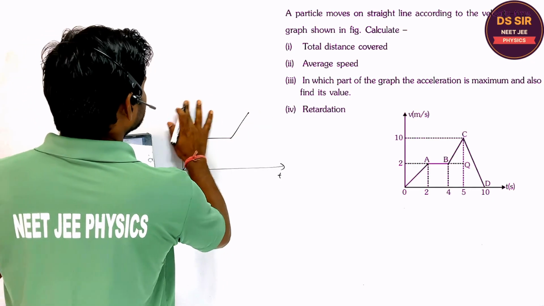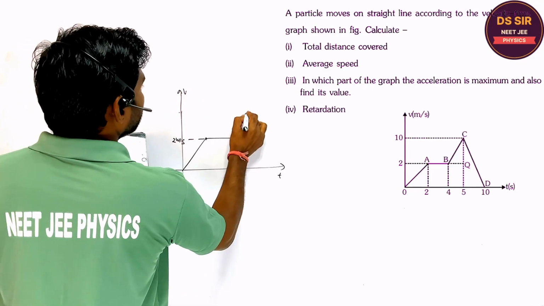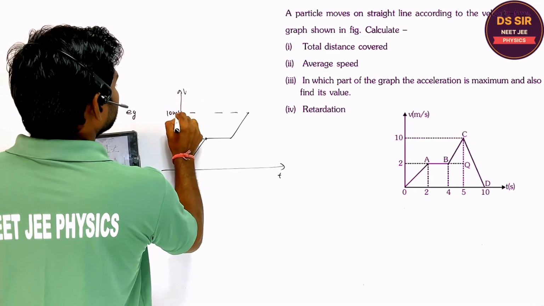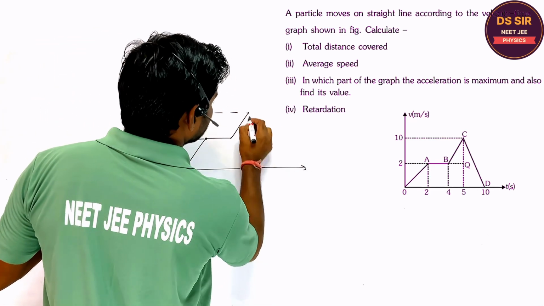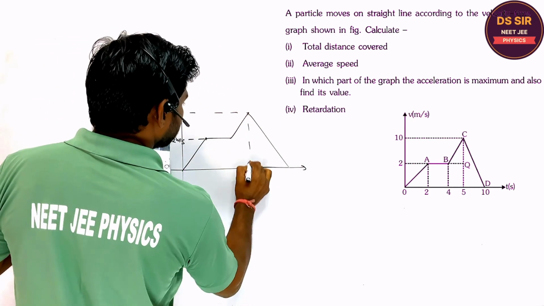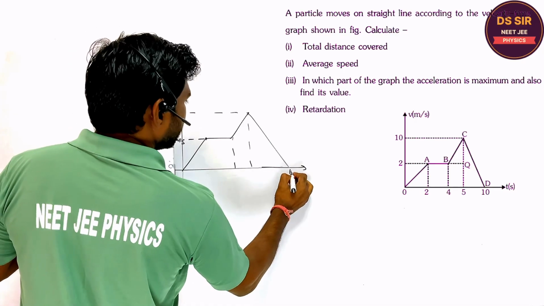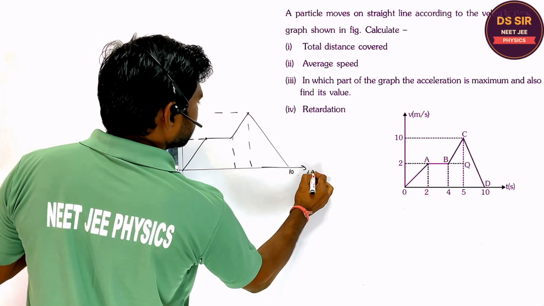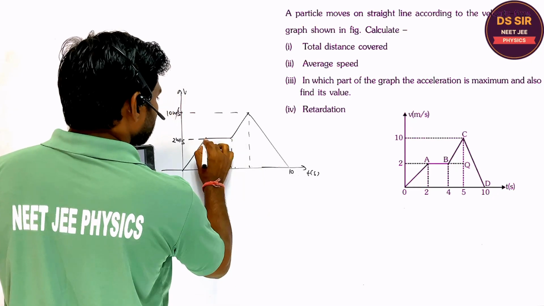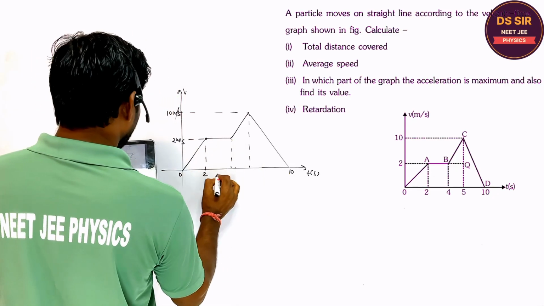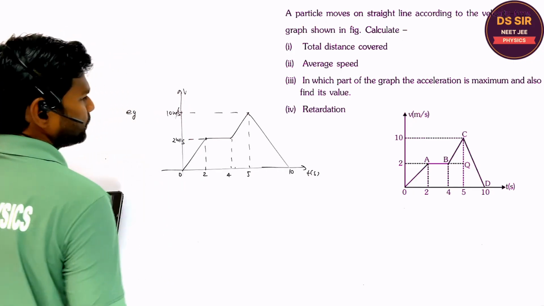Then again the velocity increases, and it becomes 10 meter per second. This is the velocity, 10 meter per second, at 10 seconds. Is it clear or not, you tell? Fine. 0, 2, 4, 5, 10.